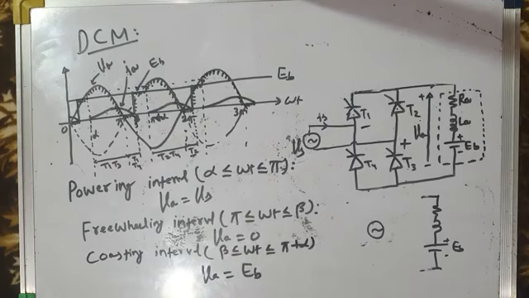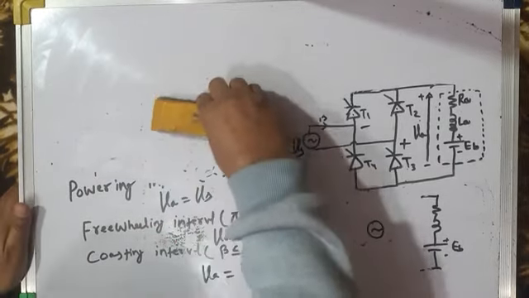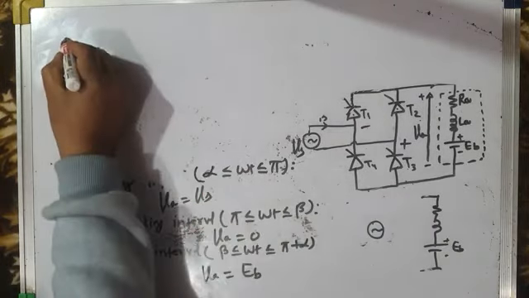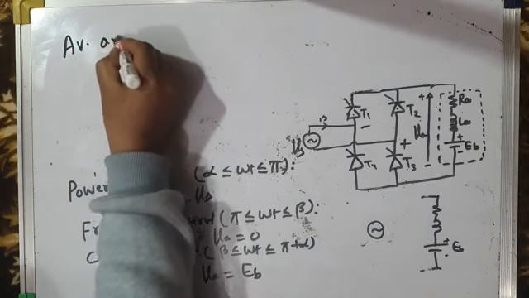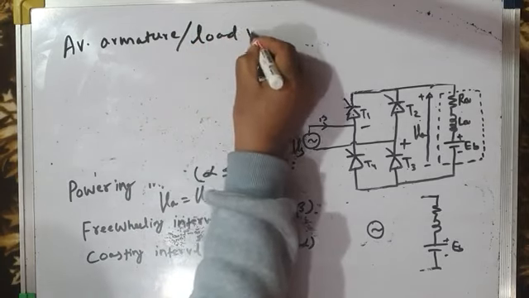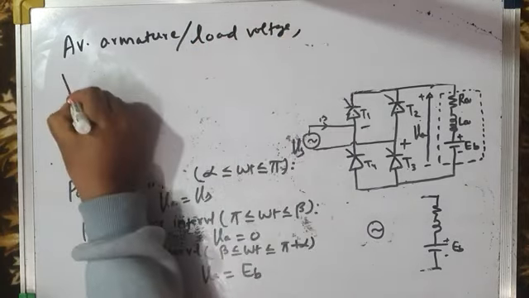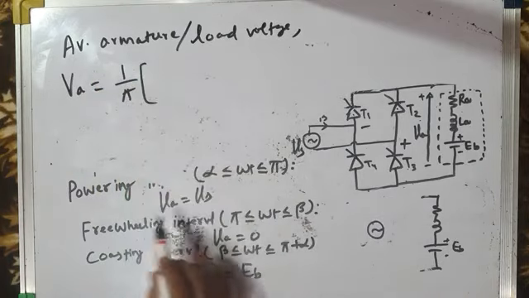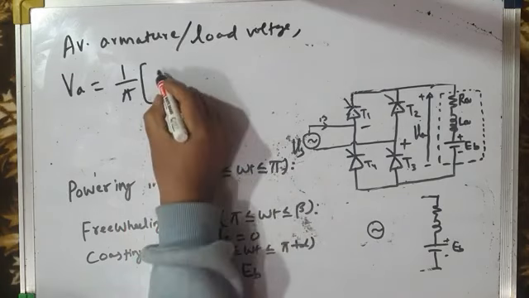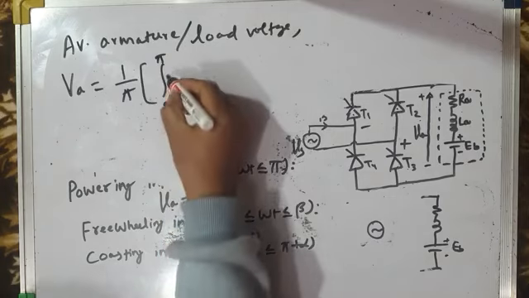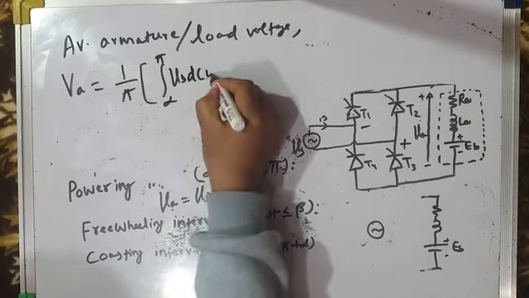Once we know the three intervals, we can very quickly find the average load voltage or average armature voltage. It is given by VA equal to, let's take half cycle and integrate it. First interval is the powering interval, from alpha to pi, where load voltage is the same as source voltage, so Vs d omega t.